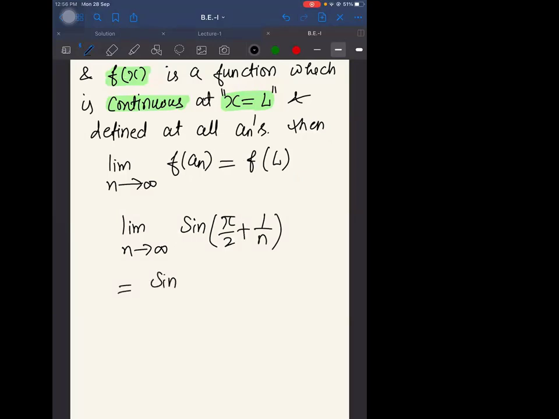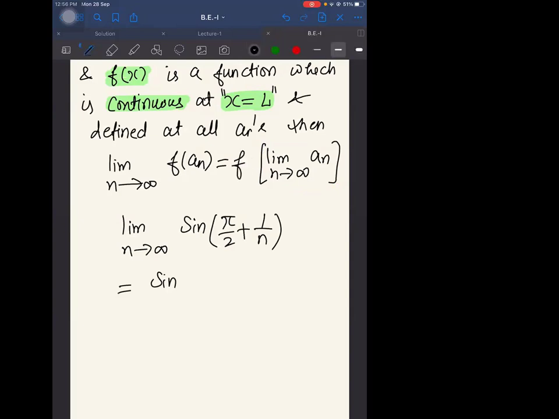In other words, more precisely, we can write it as f of limit n tends to infinity an. That means we can take this limit inside the function.